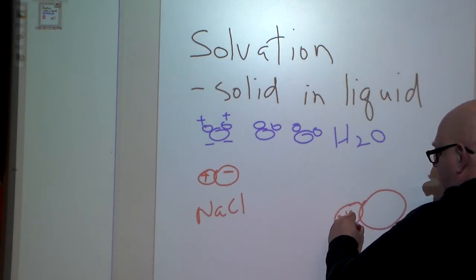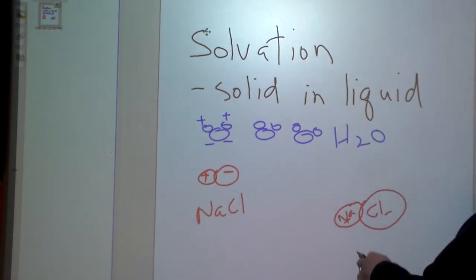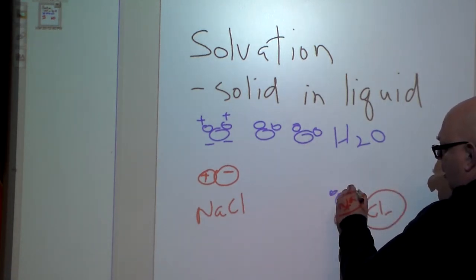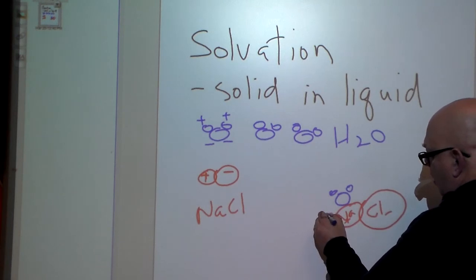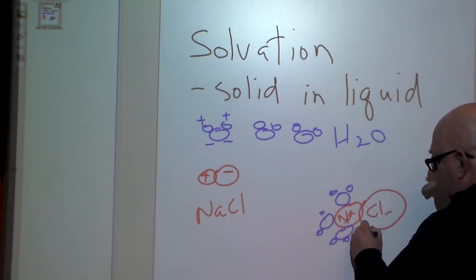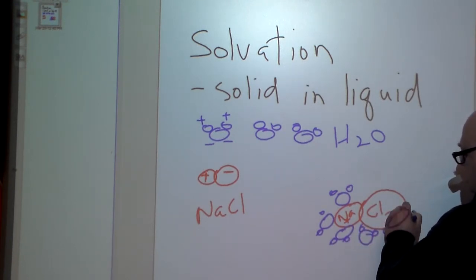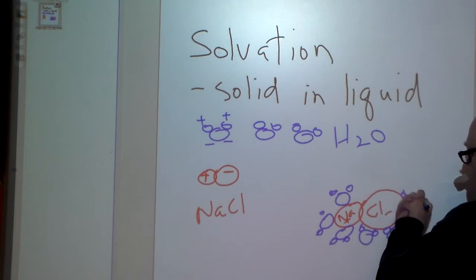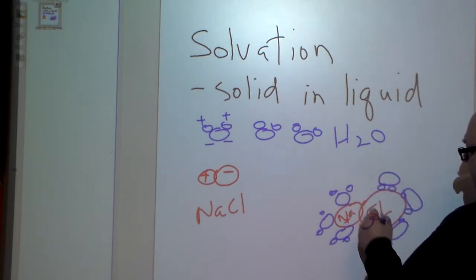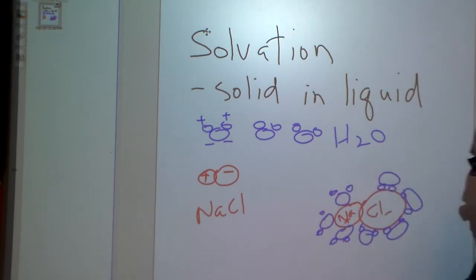So, with that, guys, here's your Na with the plus. Here's your Cl with the minus. What happens? Water is smaller. Water will literally surround the molecule. That's what's happening. The water is surrounding the salt molecule.